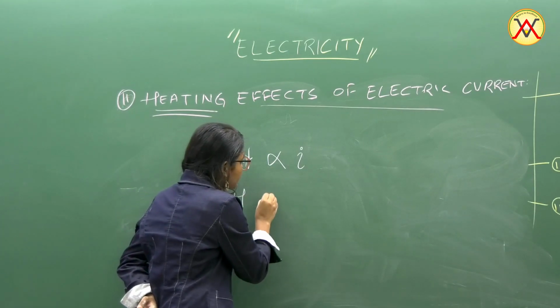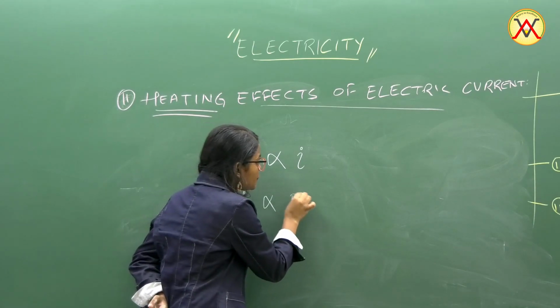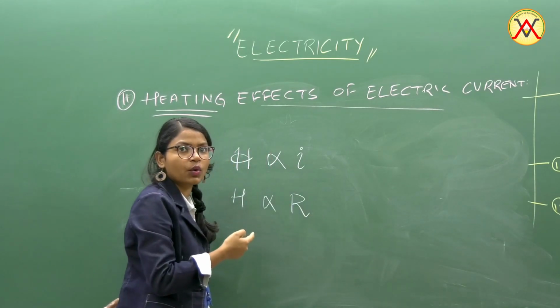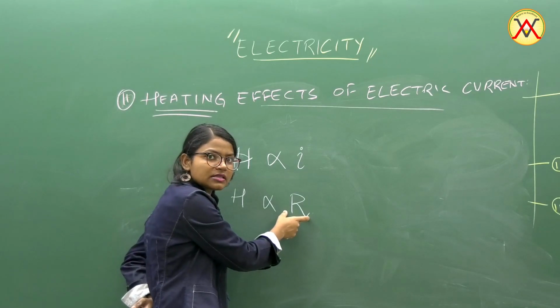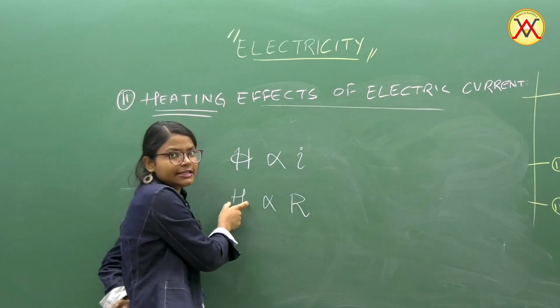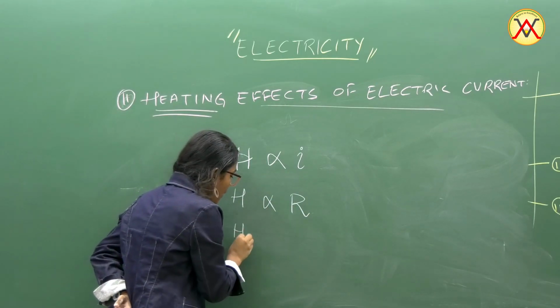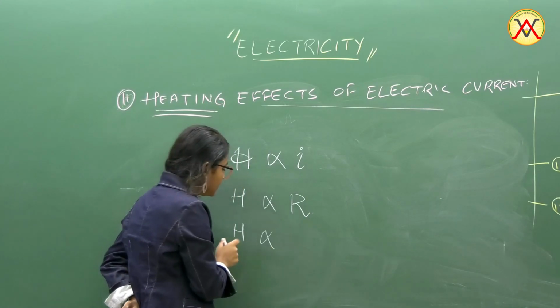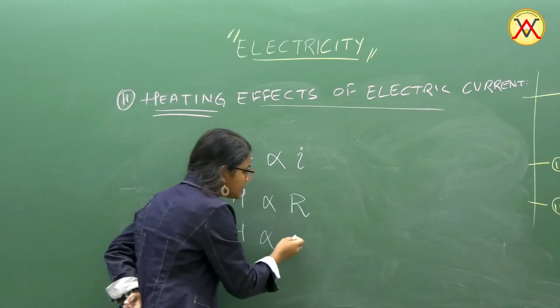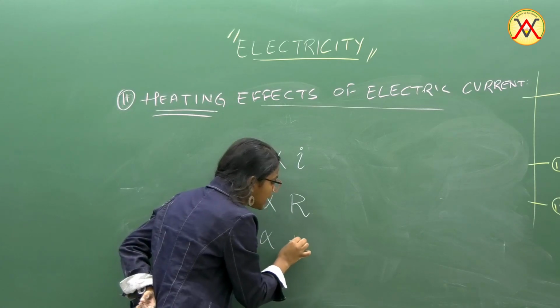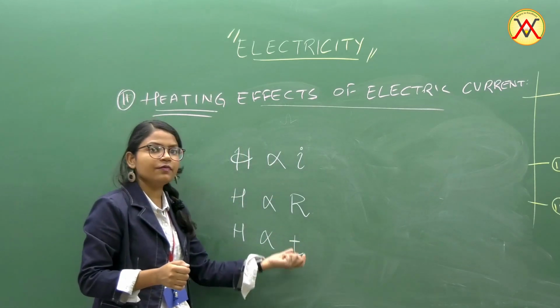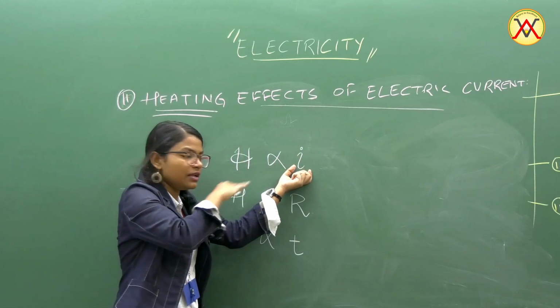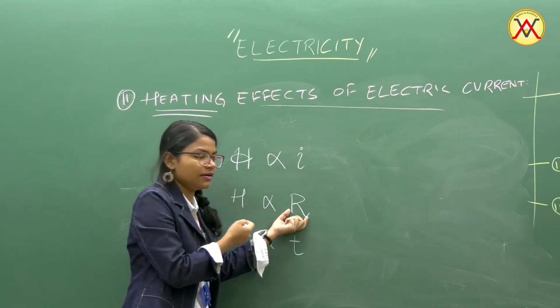This heating energy was also proportional to the resistance of our coil. The higher the resistance, the higher our heat energy is. Also, he noted that this heat energy is directly proportional to the amount of time for which the current has been flowing through our resistor.